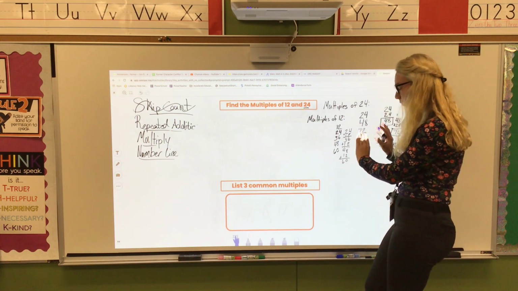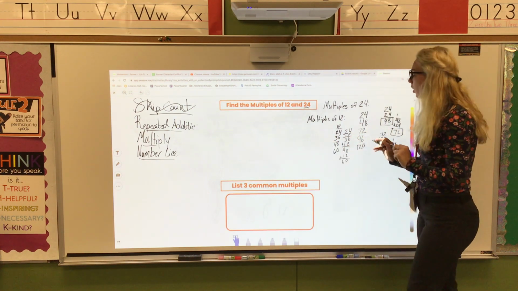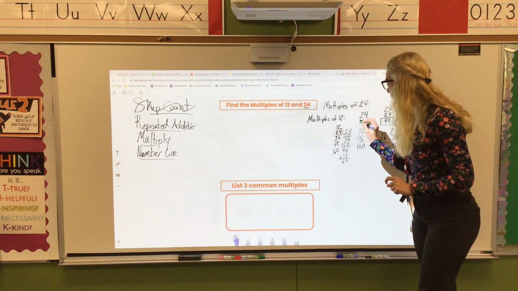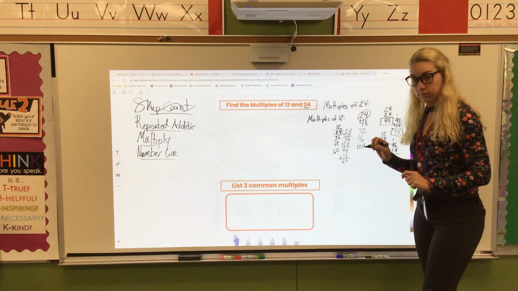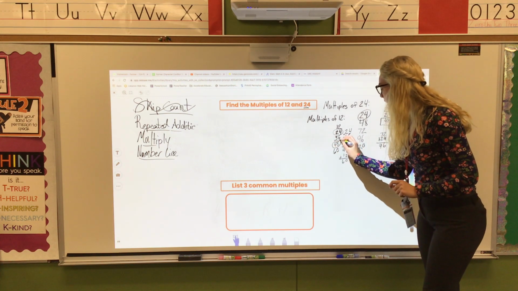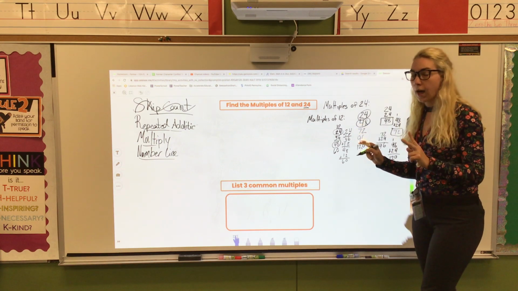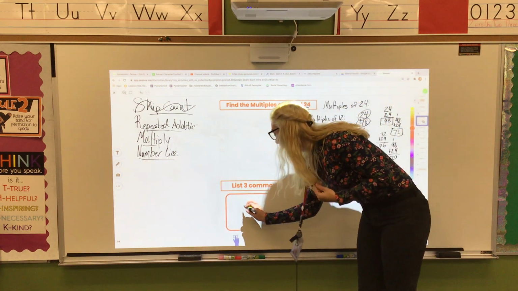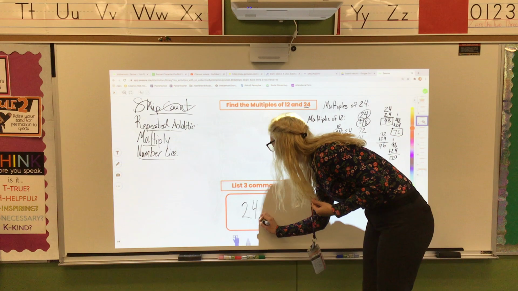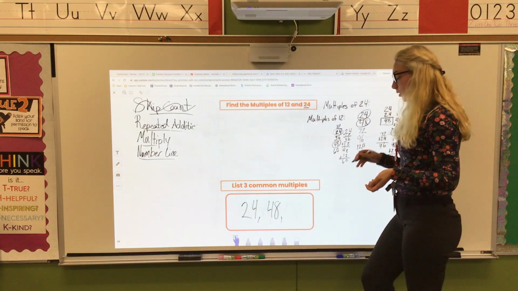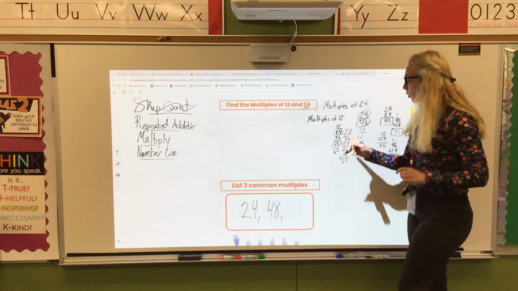So right now I'm pausing just for a second, because I know I had a 24 here and a 24 there. I have a 48 here and a 48 there. So far I have 2 common multiples, which is really great. I already have my 24 and I have my 48. I'm not at 3 common multiples yet, so I'm not done, so I'm going to keep going.